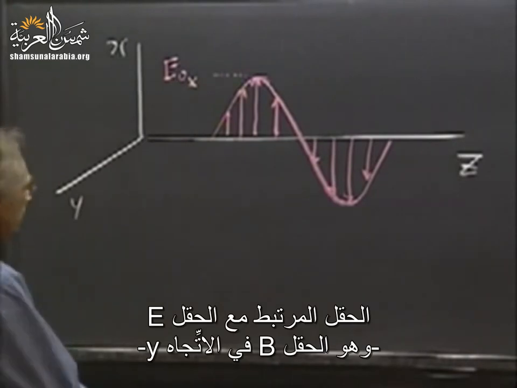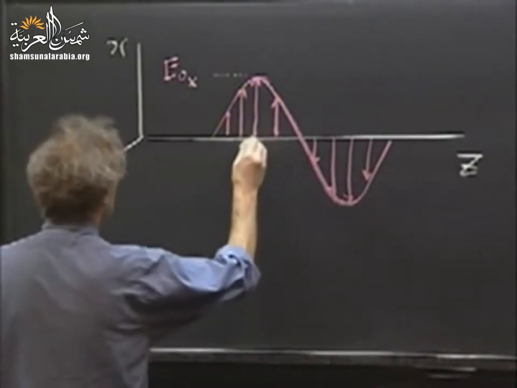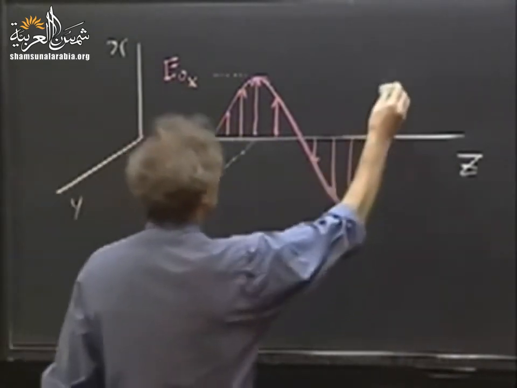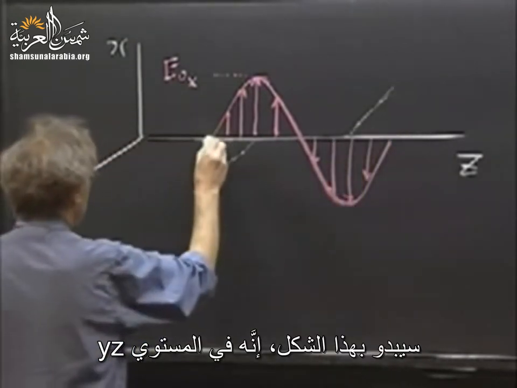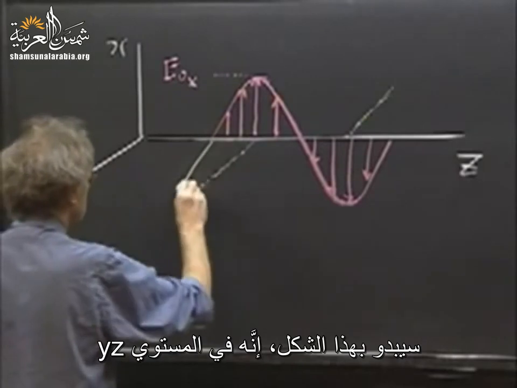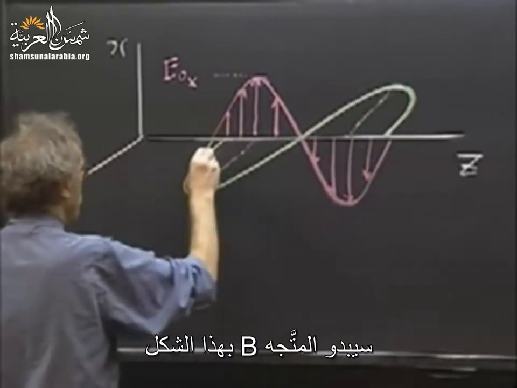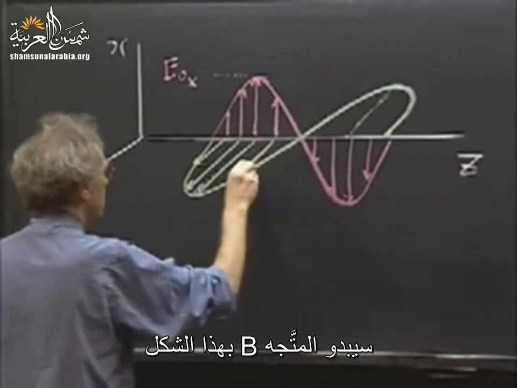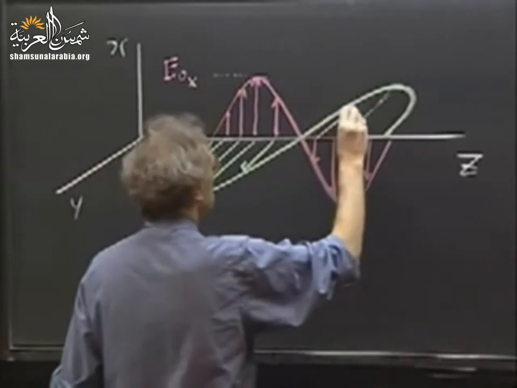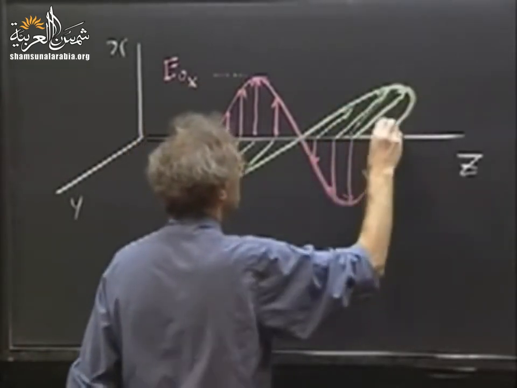Associated with that E field is a B field that is in the y direction. So that's like this. It's in the YZ plane. And so the B vector is like so, like so, like so, like so, here, here, here, here.